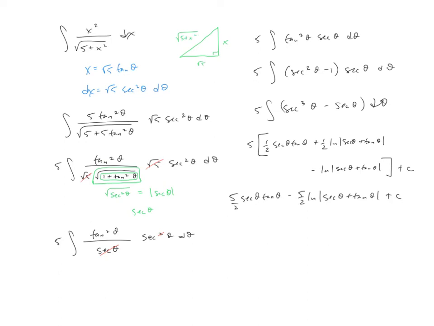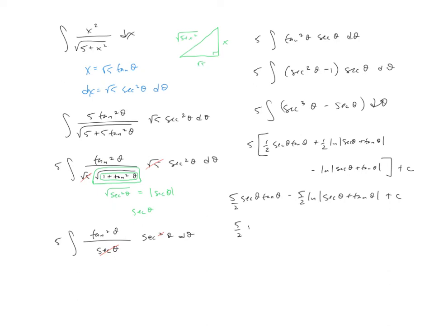Okay, so now we're ready to come over here and fill in the missing parts. So our 5/2 is still going to be there. And then secant. Well, secant is the reciprocal of cosine. Cosine would be the root 5 over the hypotenuse. So for secant, we're going to do the hypotenuse over the root 5.